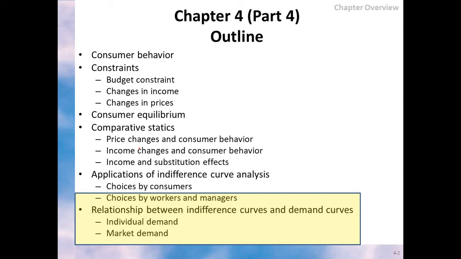In part 4, we are going to cover applications, but this time on the choices by workers and managers. And briefly, at the end of this part 4, the relationship between indifference curve and demand curve.